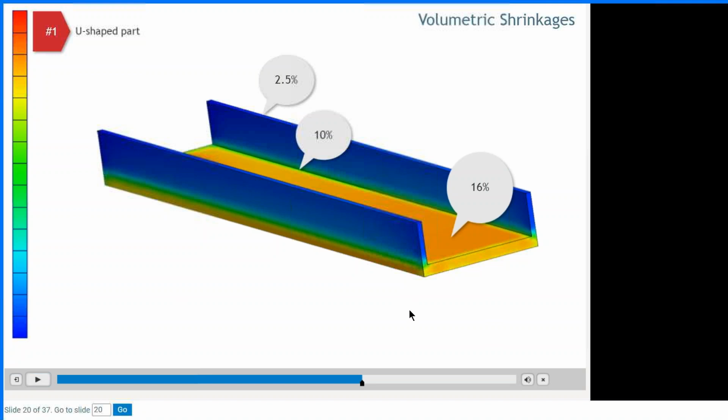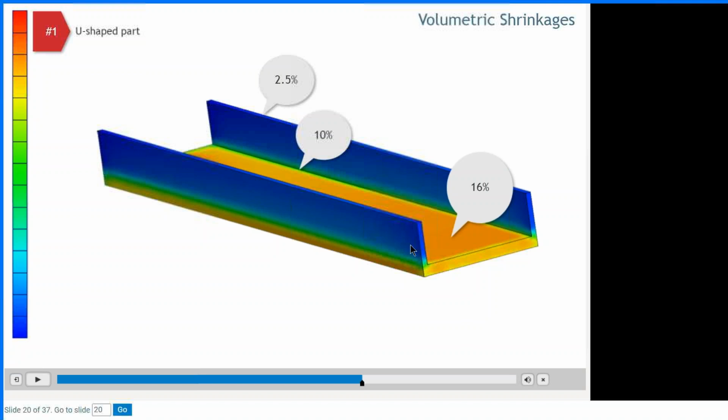Yeah, I mean, again, this is just a very simple example. That's why we used it. We like to use simple examples in the beginning of our training, because if you understand the simple examples, you can transfer that information to complex part designs. But it's very key. The wall thickness here is really thick. It's 5 millimeter. Whoa, that's almost 200 thousandths of an inch.